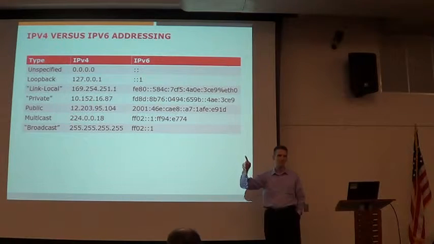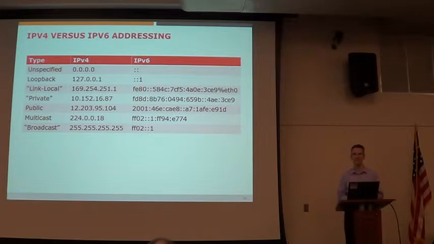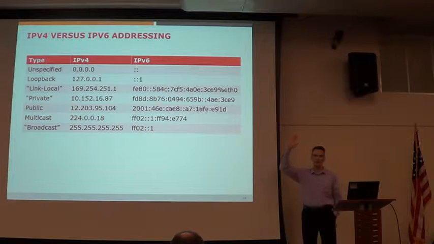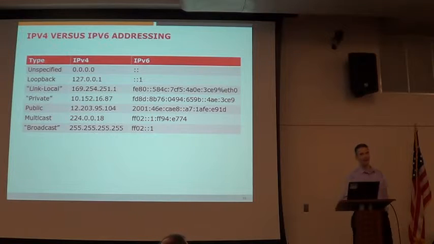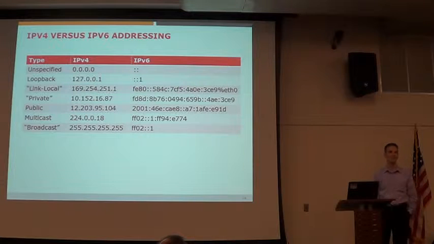Private addressing, there isn't exactly private addressing in IPv6, and there's a reason for that. So anybody deal with large networks here? Okay, only a few. So what happens if I have two large networks that are both using private addressing and I merge them together? What happens? Are the addresses unique?